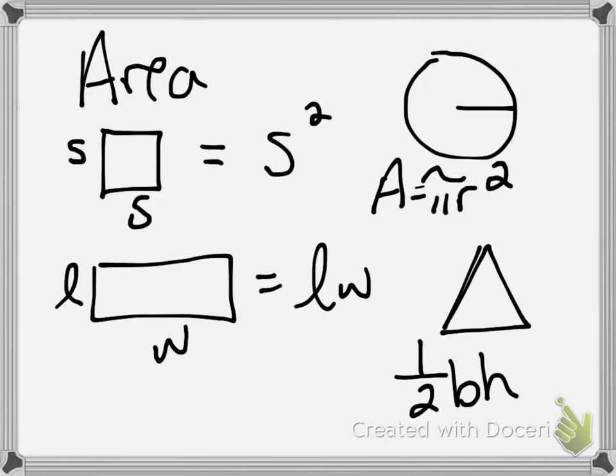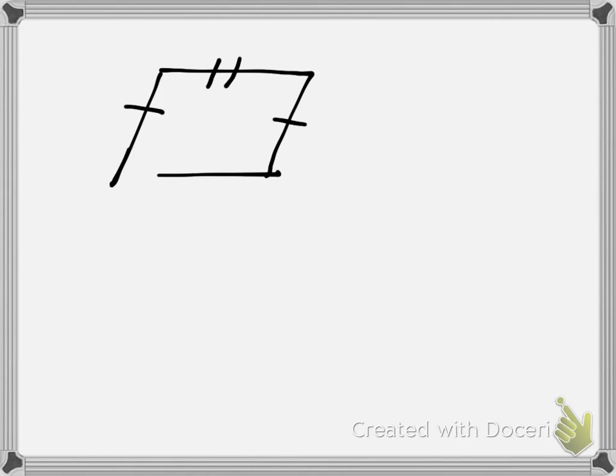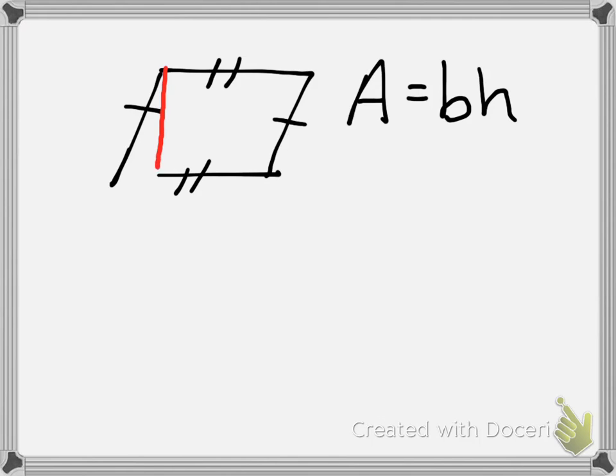You should also know the area of a parallelogram. A parallelogram looks like this. That means this side's parallel to this side and this side's parallel to this side. So the area of a parallelogram is b times h, where on this parallelogram the height is your altitude, like in triangles whenever we came out of the vertex, went to the opposite side and went perpendicular.